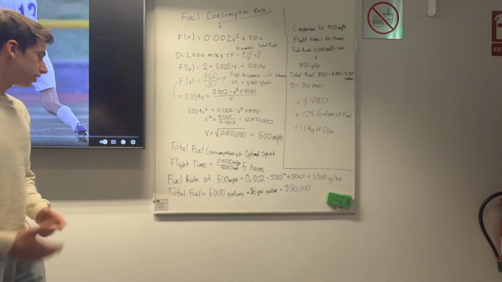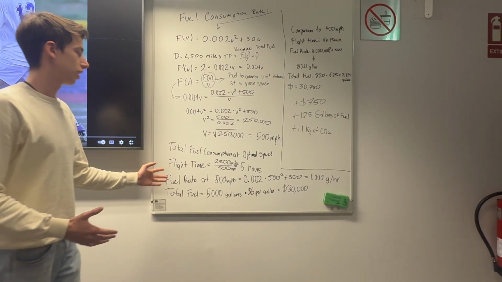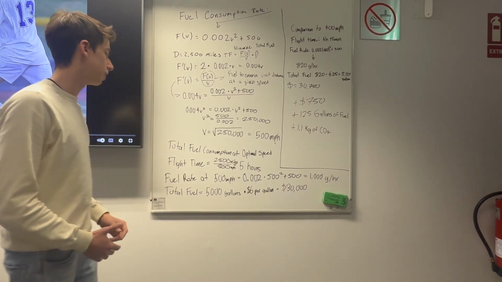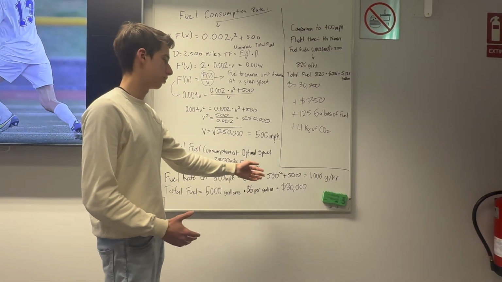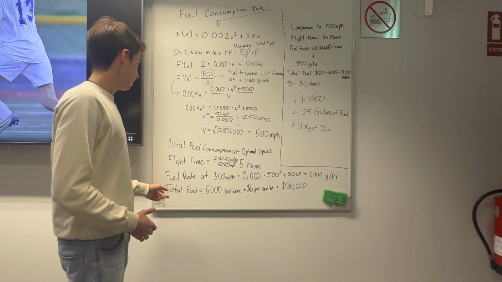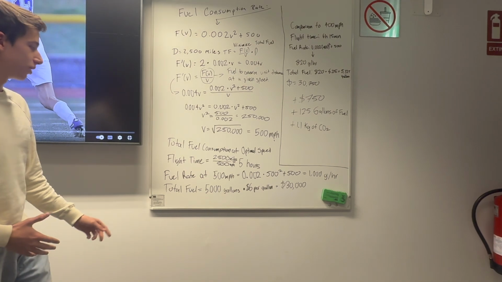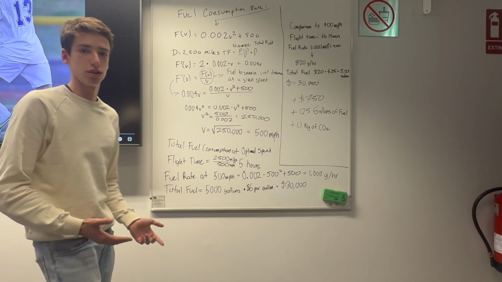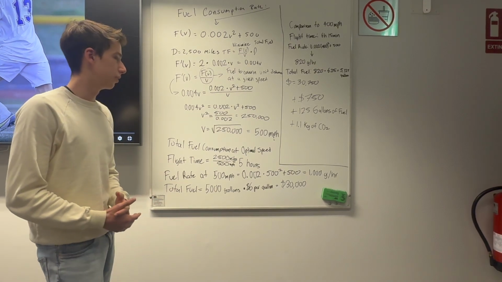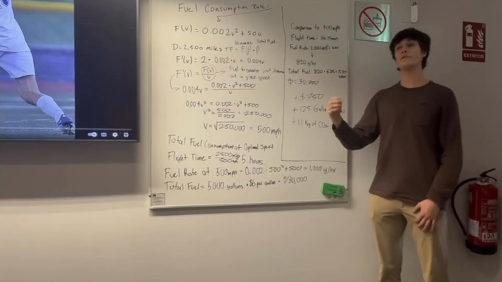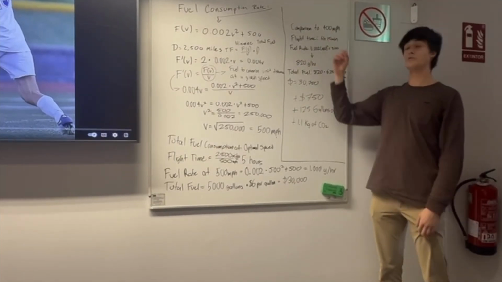For the fuel rate at 500 miles per hour, we just plug it in the fuel consumption rate equation, which gives 1,000 gallons per hour. And regarding total fuel, we just do 5,000 gallons times $6 per gallon, which is the price, which gives us $30,000.